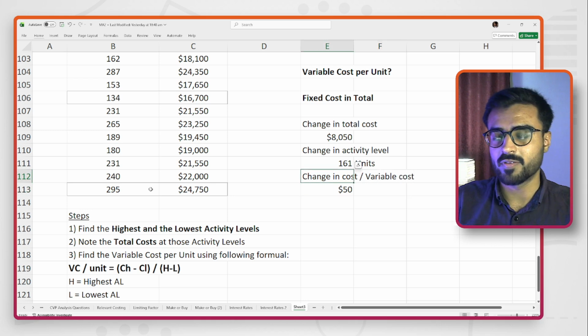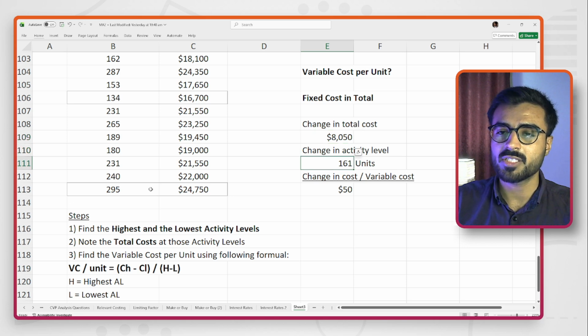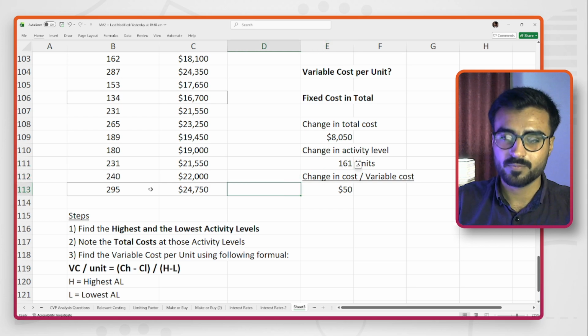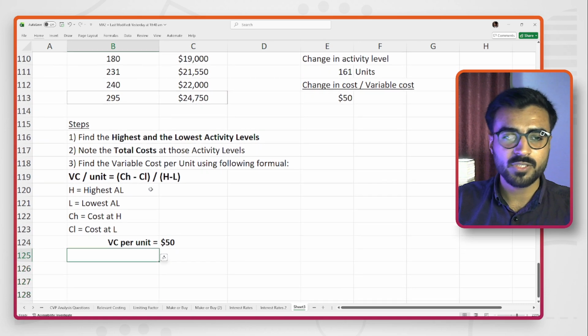This is how the formula works. We first find the change in total cost and divide it by the change in activity level, so we find the change per unit. The change per unit is the variable cost per unit. This is how we found the variable cost per unit.